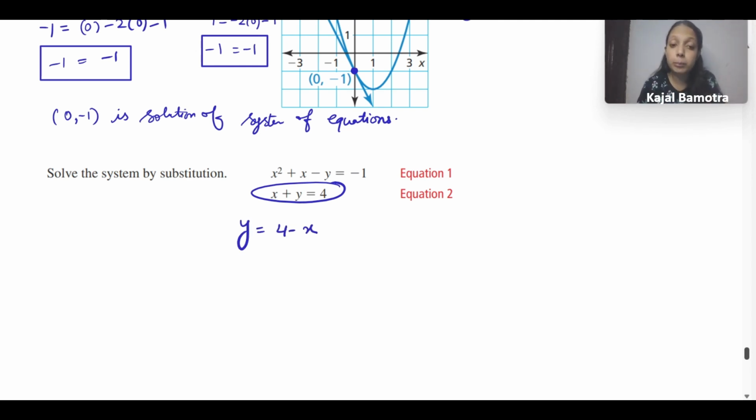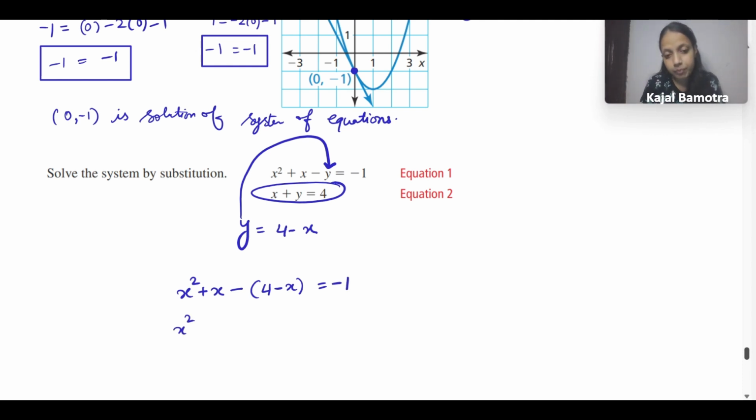Now substitute this y here: x squared plus 6 times (4 minus x) minus 6 equals negative 1. x squared plus 6 minus 4 plus 6, negative 1. x squared plus 2x, and negative 1 will be there, so minus 3 equals 0.